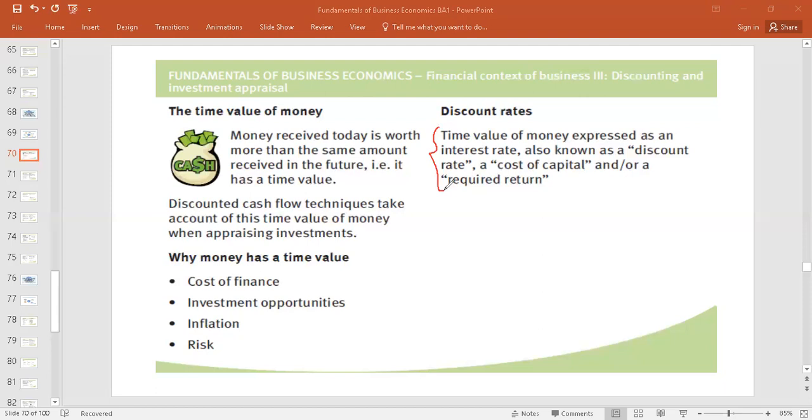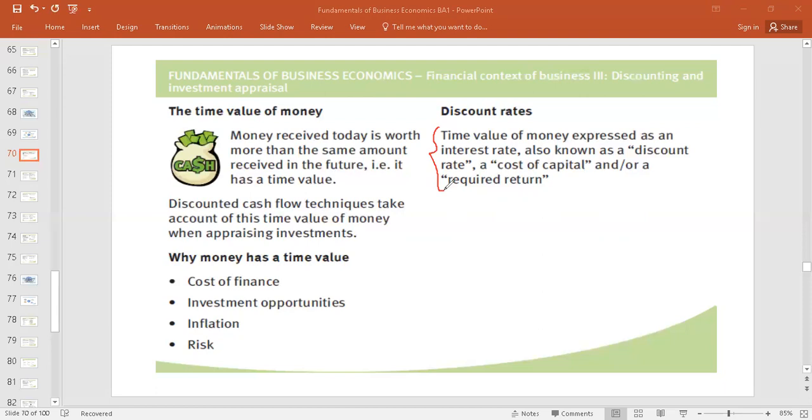Usually the discount rate that is used to discount the cash flows is the time value of money expressed as an interest rate. The prevailing interest rate is most of the time taken. If there is no other additional information, interest rate is taken as the discount rate. At that rate, the cash flows are discounted.